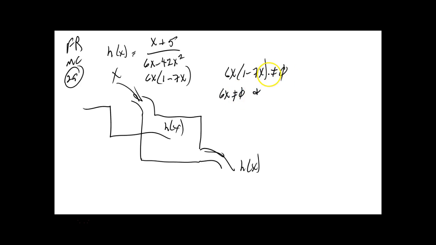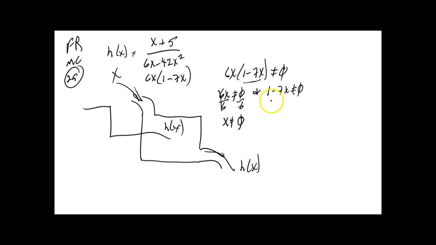And this thing, 1 minus 7x, also cannot equal 0. Neither of those can equal 0. Otherwise, your denominator is 0, right? Can't have that. Well, what would make this equal 0? Divide by 6, and that gives you x cannot equal 0.